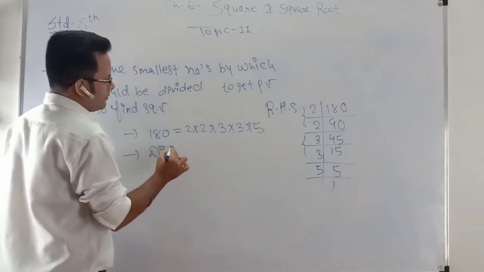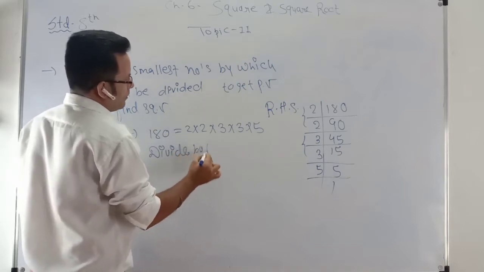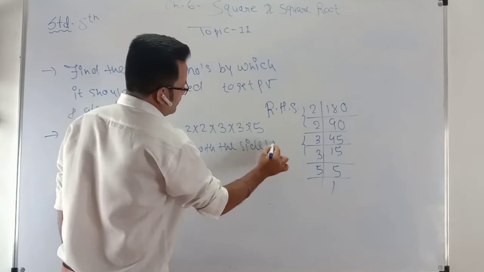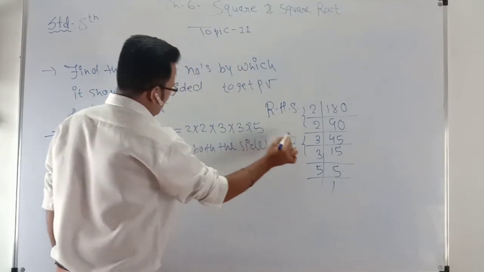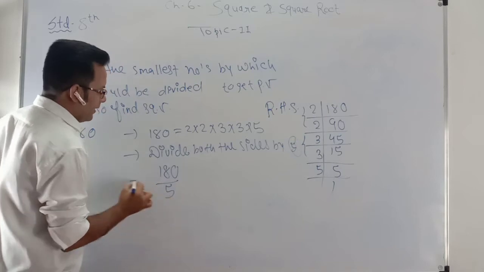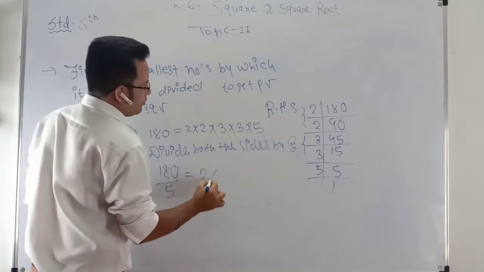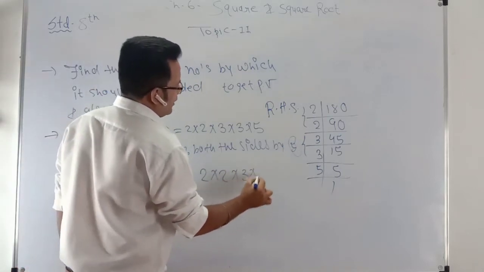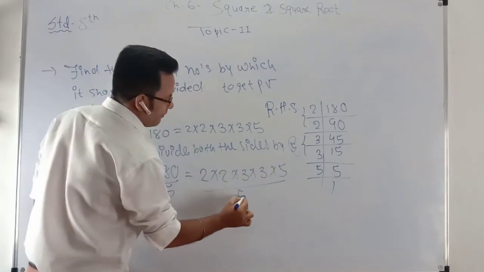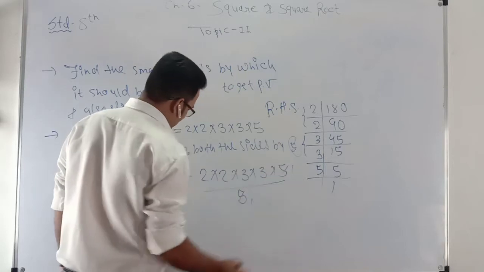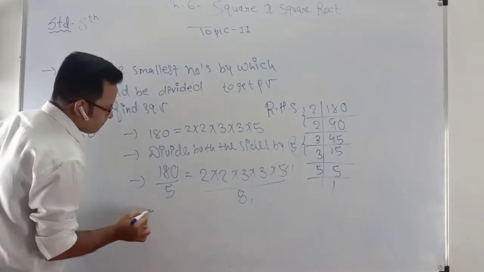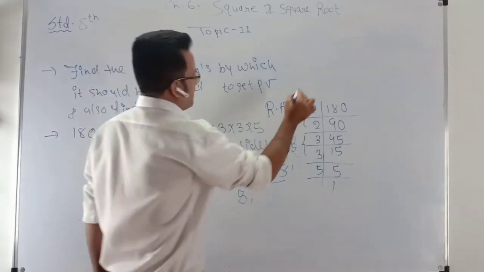Divide both the sides by 5. So 180 divided by 5 is equal to 2 into 2 into 3 into 3 into 5 divided by 5. So 5 cut. Divide 180 by 5.